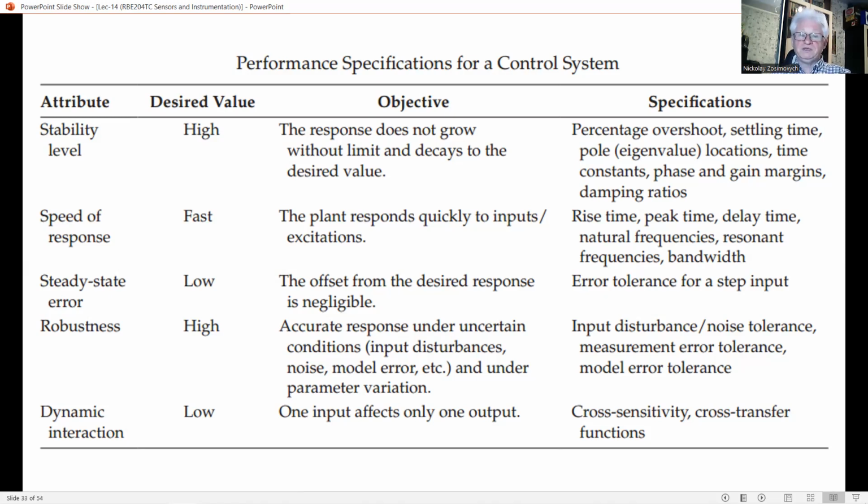The nature of the quantitative design specification used depends considerably on the particular design technique that is employed. Some of the design specifications are time domain parameters, and the others are frequency domain parameters.